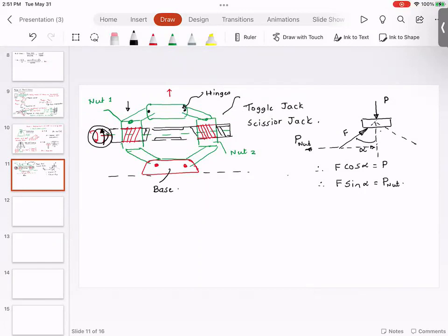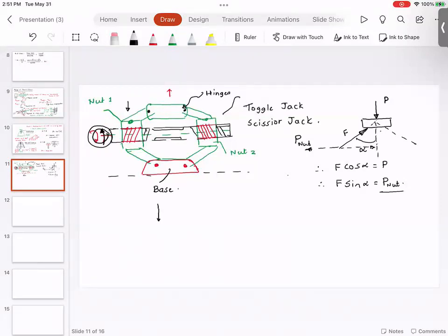So if you were to look at the force on each nut, it is going to be P divided by 2. So once you draw the free body diagram, with this free body diagram, you should be able to find out the value of force in each nut.